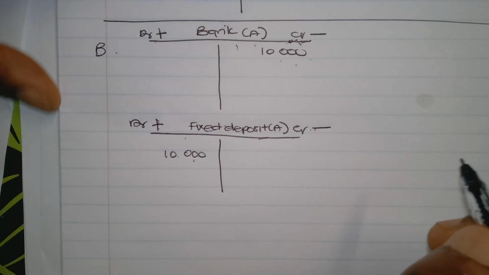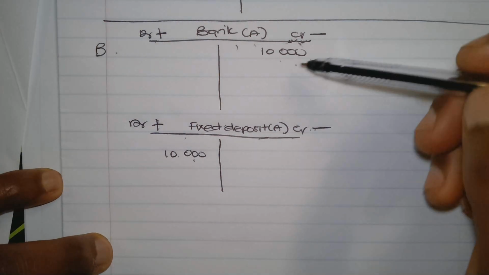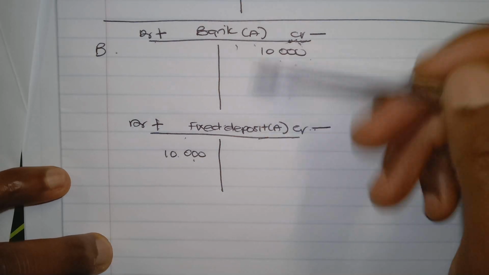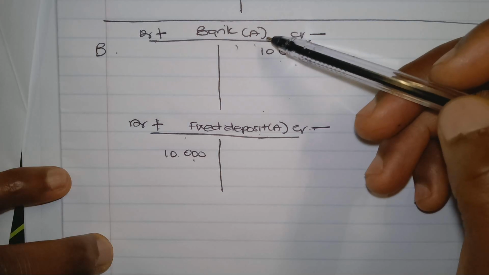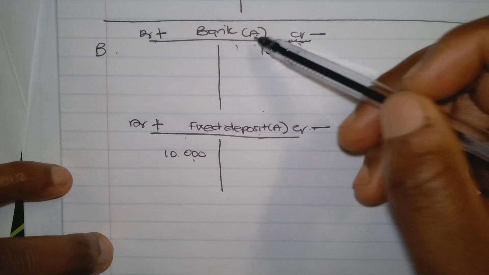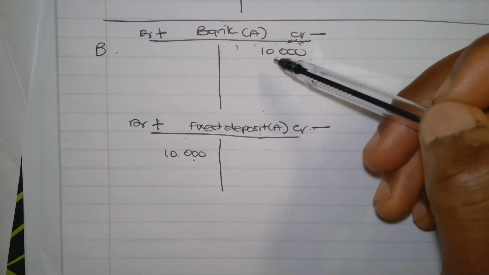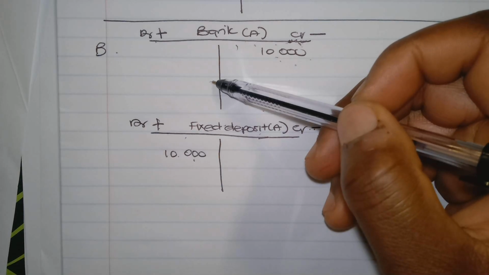Let's look here. Right. Something interesting is going on here. It's because of the accounts, right? Remember I said to you that bank is an asset. Bank is classified as an asset, right? So whenever money comes in, your assets will increase.